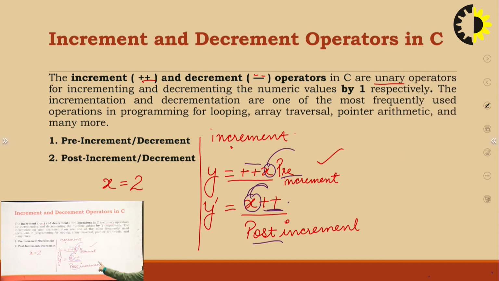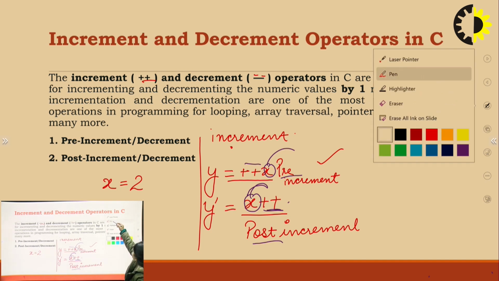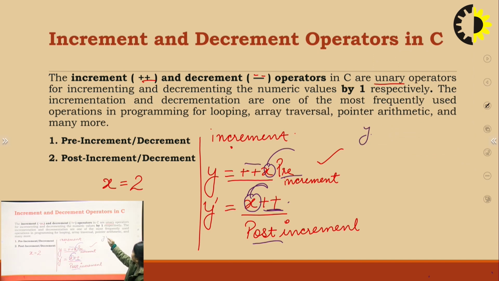See, for y dash, as you have seen, it is written x plus plus. And I told you that if the increment is there, then the value of the variable will always be increased by 1.